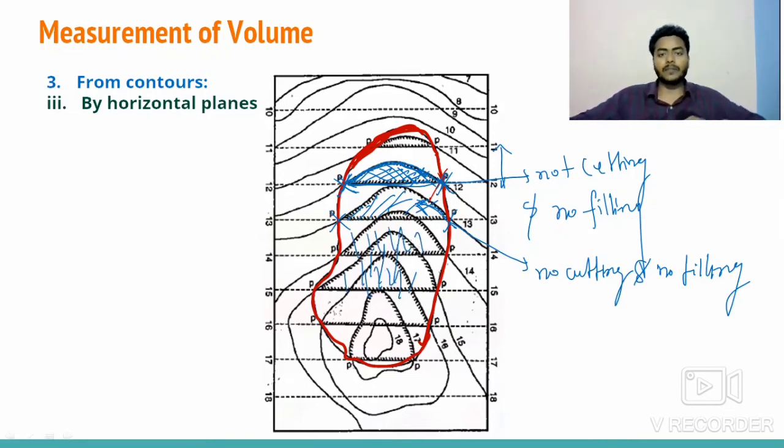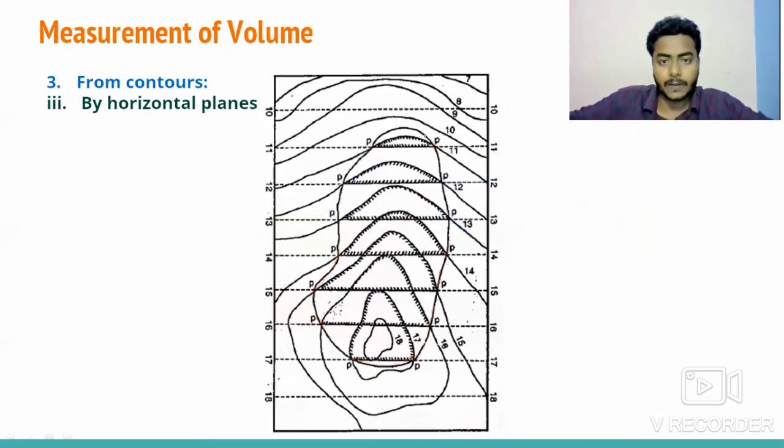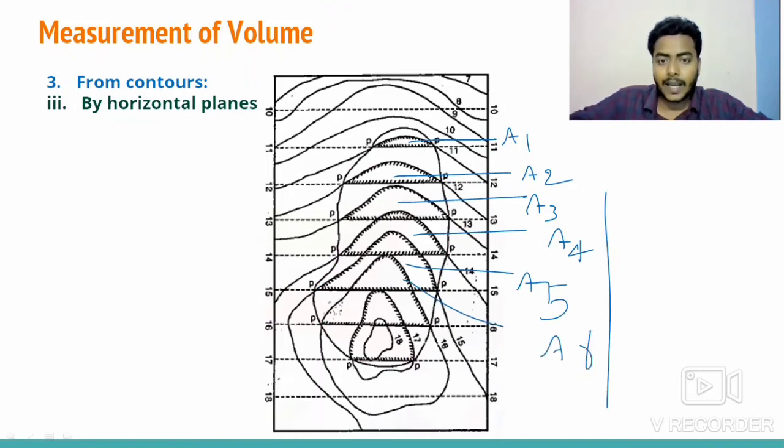By using the planimeter, we can calculate the area of this one. Let's start from here. Like this one is A1, this one is A2, A3, A4, A5, A6, like this. And in between, we know the vertical distance, that is 1 meter interval. This is also 1.